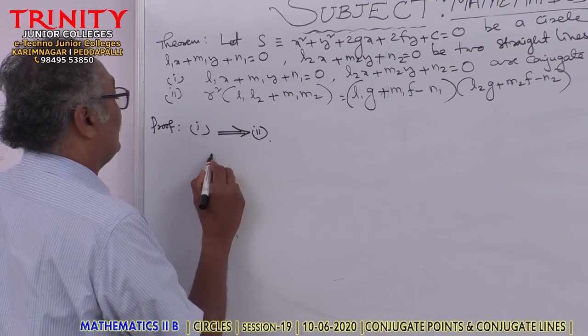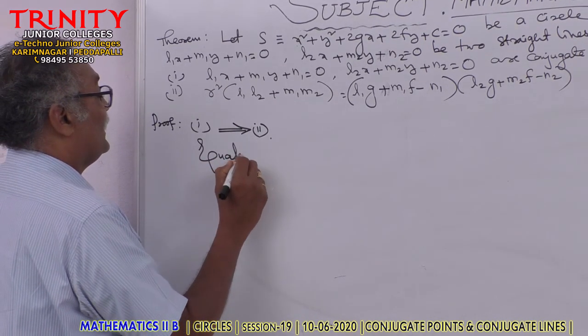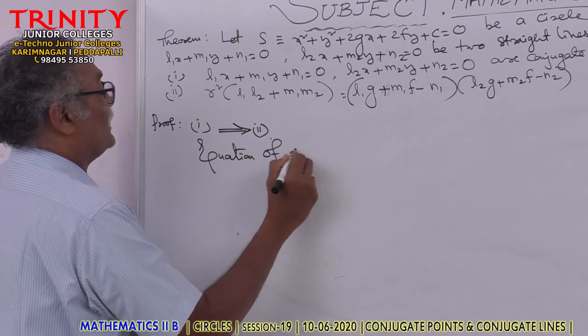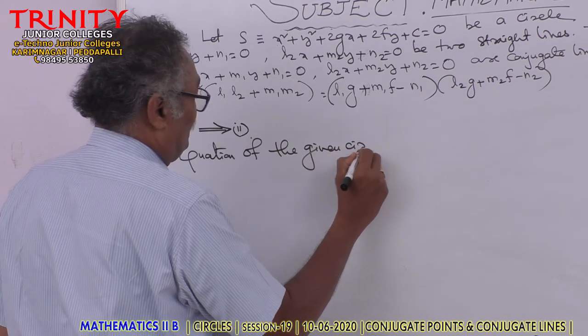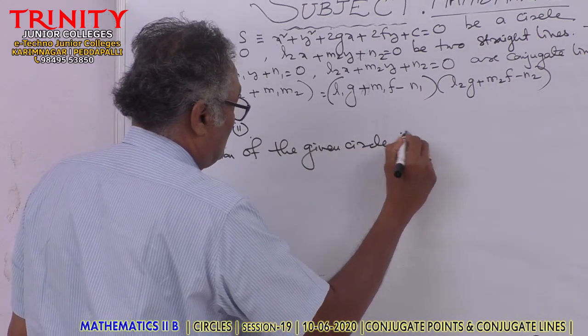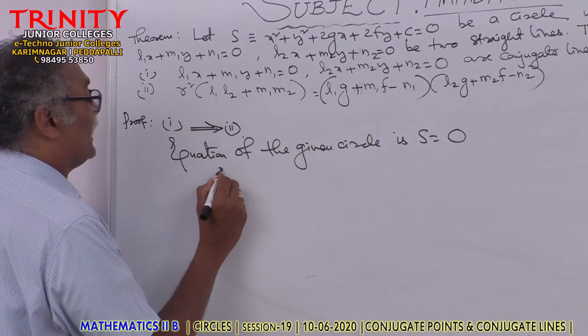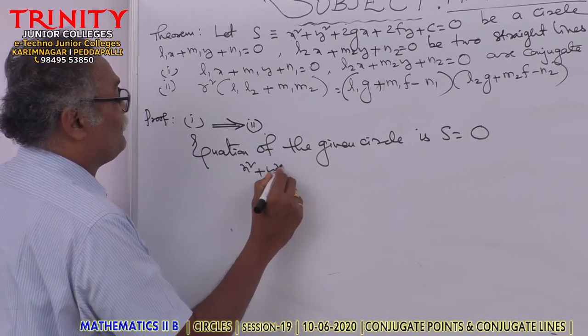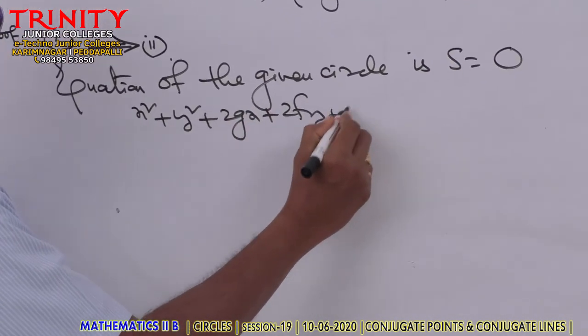Here, first one is equation of the given circle is S equal to 0, that is x square plus y square plus 2gx plus 2fy plus c equal to 0.